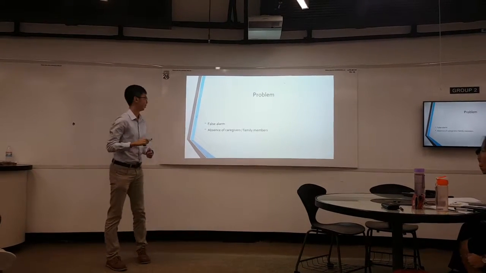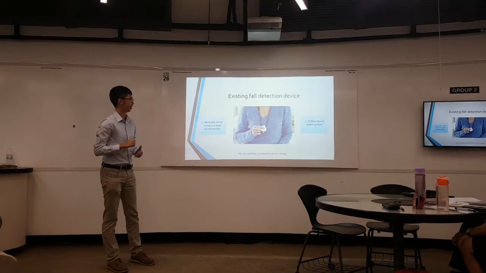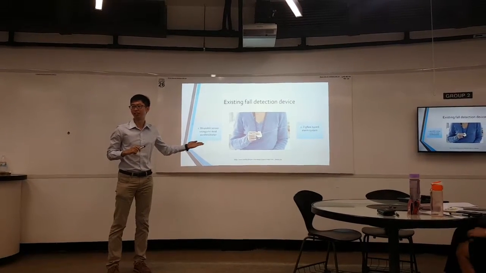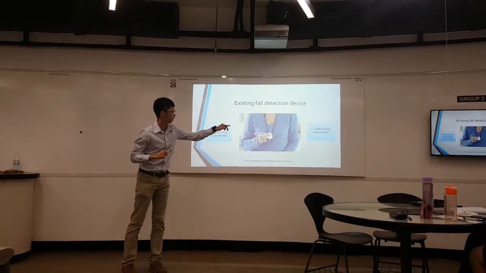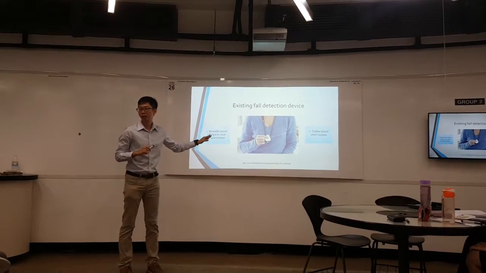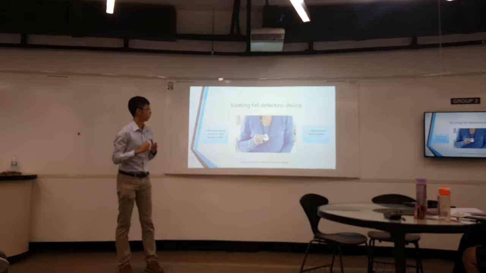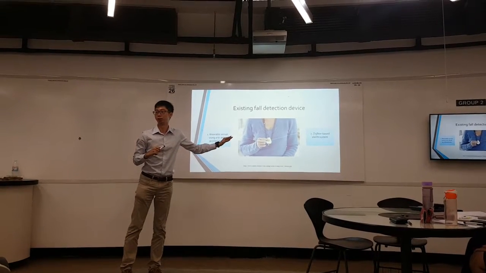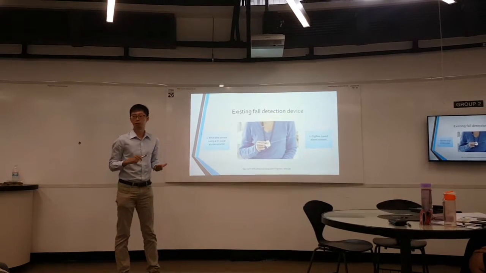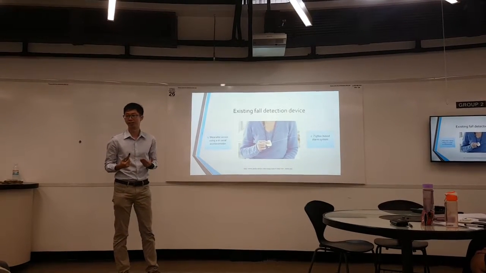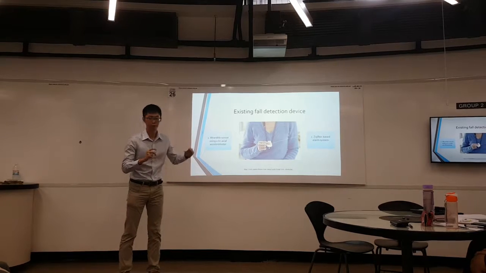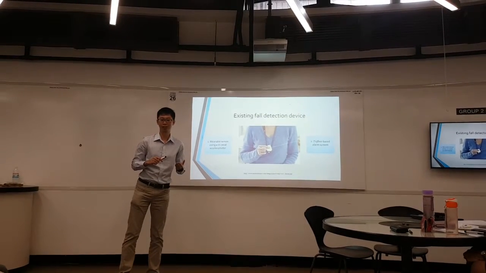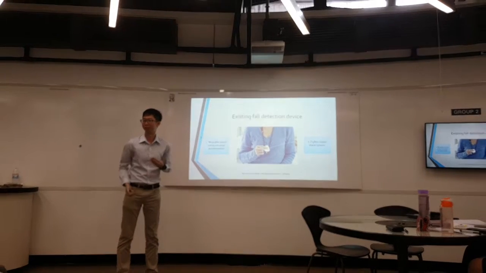Yes, sure. As I had mentioned earlier, most of the existing fall detection devices only have these two features, and the way they inform the nearby people is through the Zigbee-based alarm system. Basically, once there's any fall detection, it will trigger a Zigbee light and sound to inform the nearby person that this elderly person just fell down.